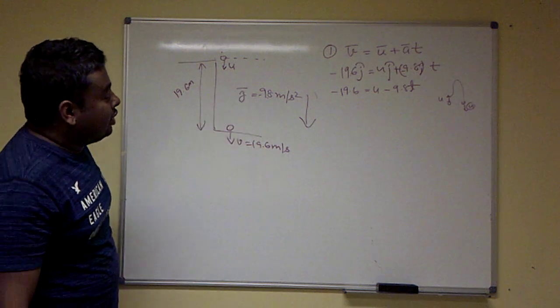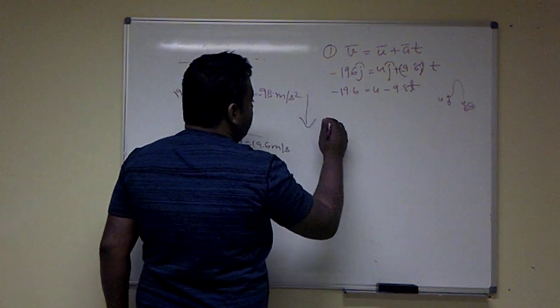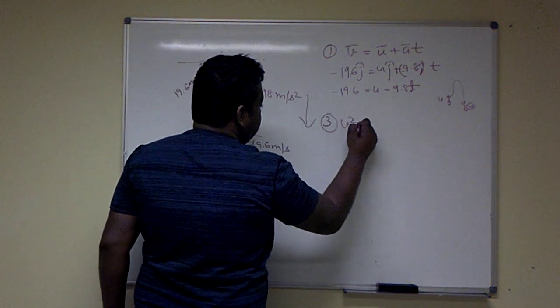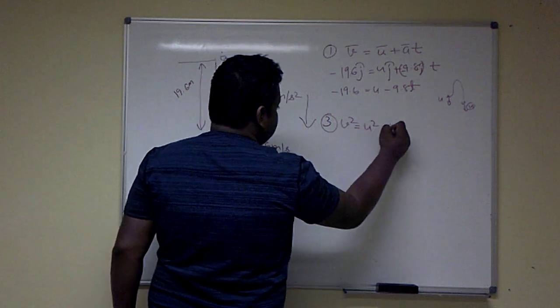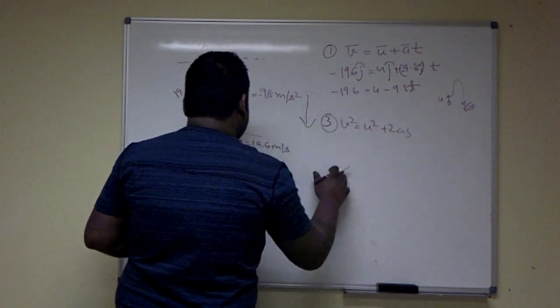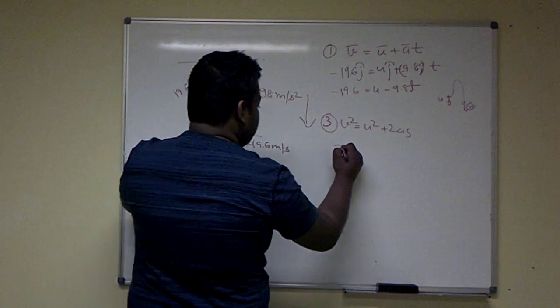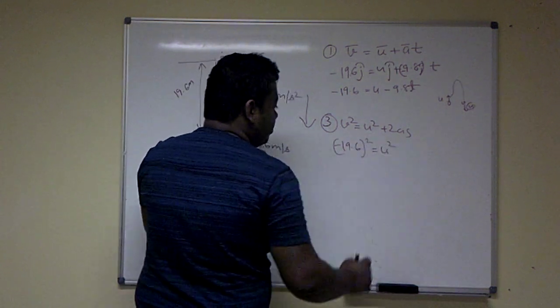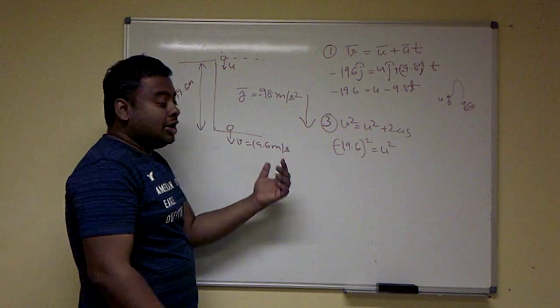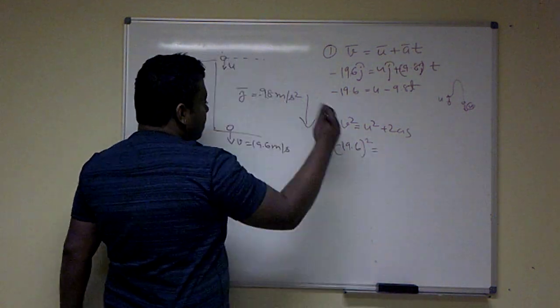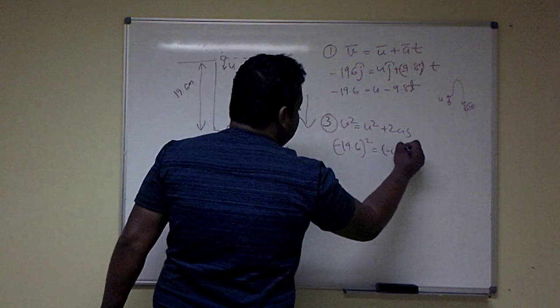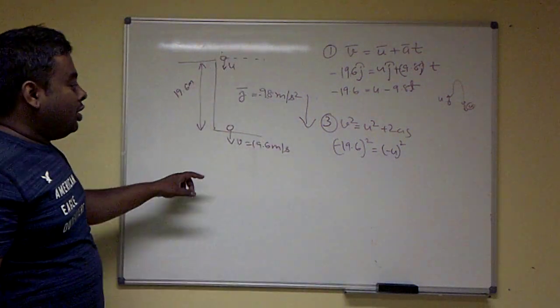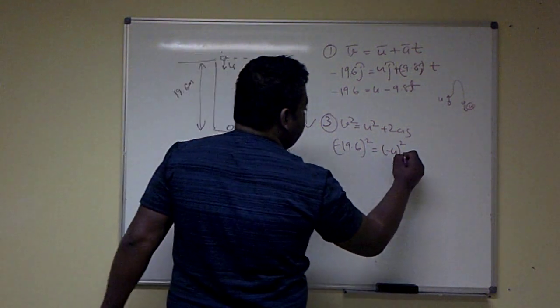So this is that. We'll throw in the third equation of motion, which is written as v square equals u square plus 2as. This is negative 19.6 whole square. We don't know the initial velocity. We know that it is in the negative j cap direction, so we'll write it as minus u whole squared plus 2as.